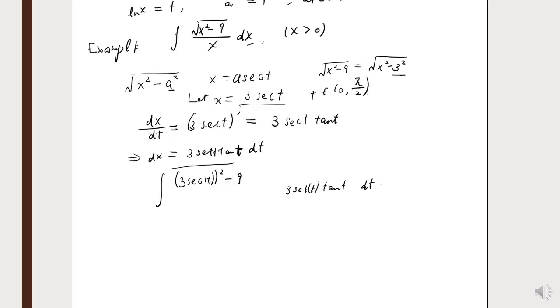And then we have 3 sec t. On top, we can extract the 9 out, so what is left is sec t squared minus 1.